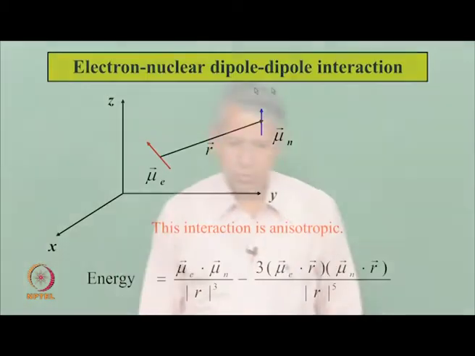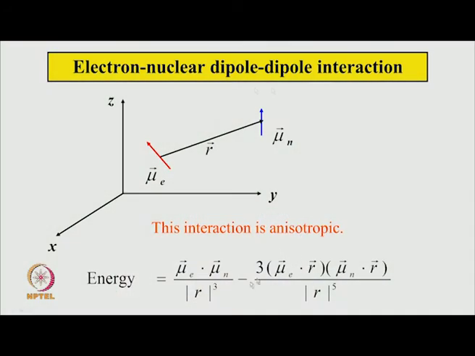In addition, there is another interaction that is possible, which comes from the magnetic dipole-dipole interaction. I have one, let us say, magnetic dipole coming from the proton, another magnetic dipole coming from the electron. So, these two magnetic dipoles can interact, and that is shown in this slide.